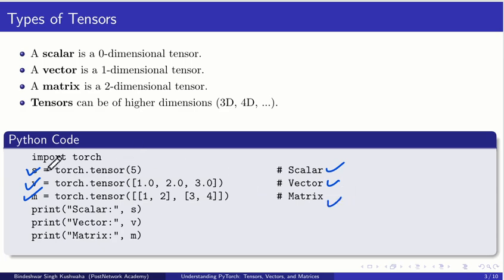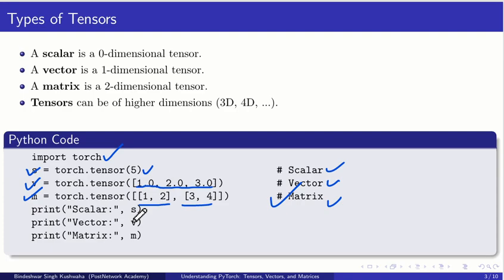One more thing: you import the torch package, or library, and thereafter using that object you can call a method. Very simple. That tensor method will create a single object, so that would be a scalar. If it is a list, that will become a vector, and a two-dimensional one would be a matrix.